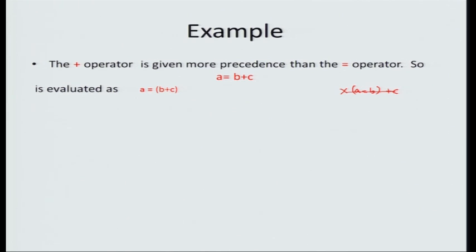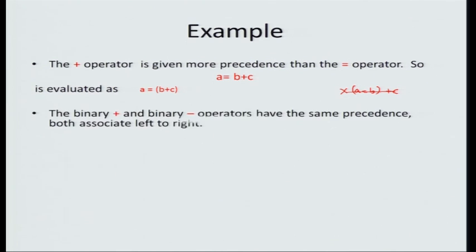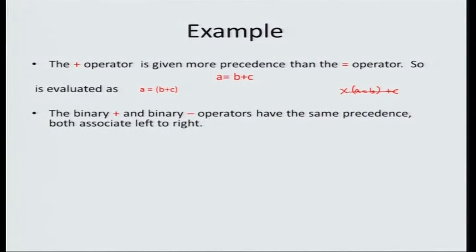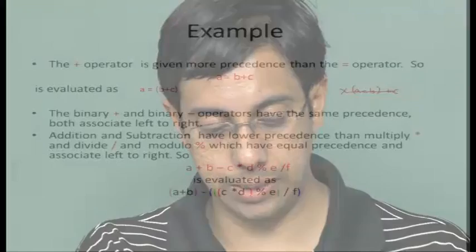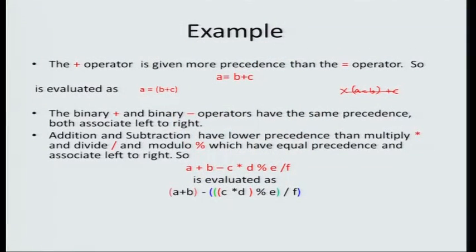Precede means going first. So plus has a greater precedence over assignment. Plus and minus have the same precedence, and both have the same associativity. We have seen this. Addition and subtraction have the same precedence, but multiplication and division have a higher precedence.